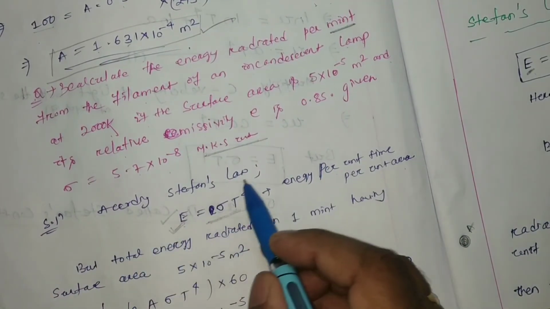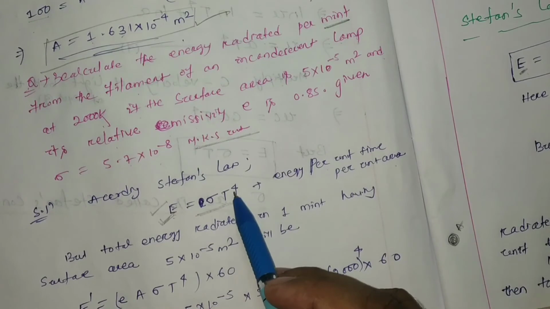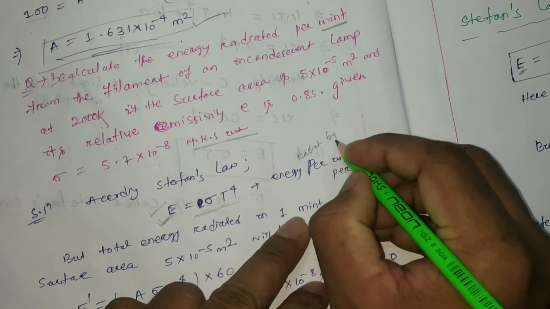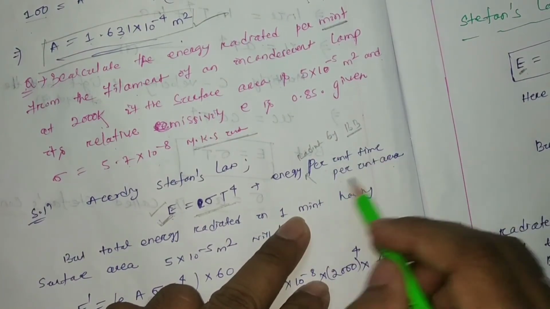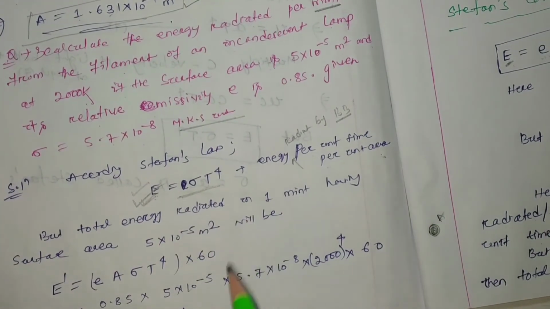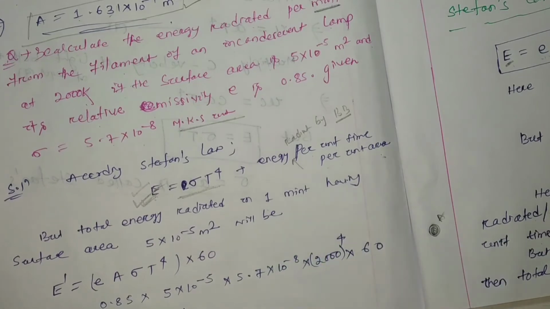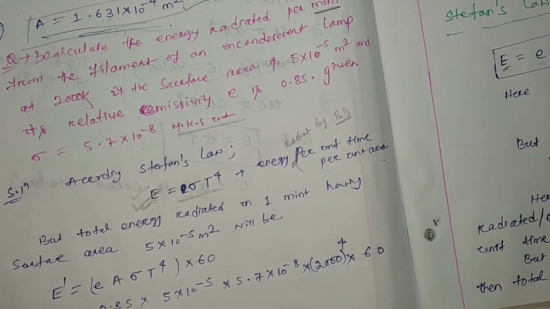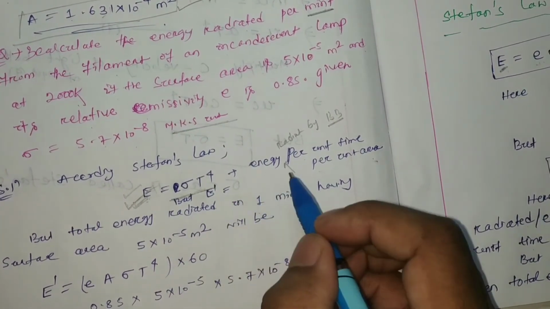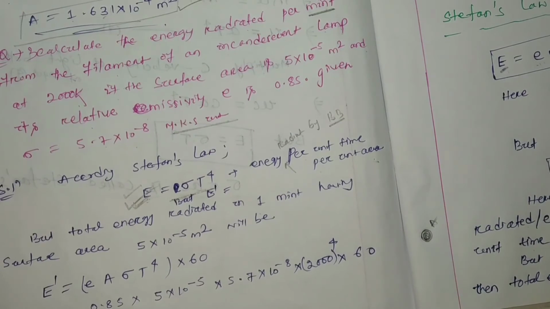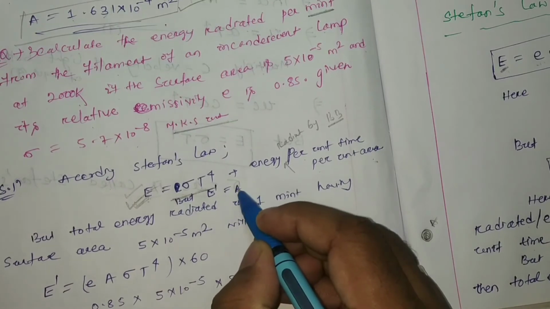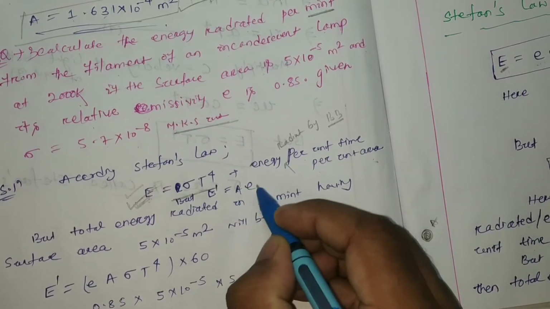According to Stefan's law, E equal to sigma into T to the power 4. That means the energy radiated by a black body per unit time per unit area is equal to this much, that we know. But for the total energy radiated in 1 minute, we have to write another thing: E dash equal to A into e into sigma into T to the power 4.